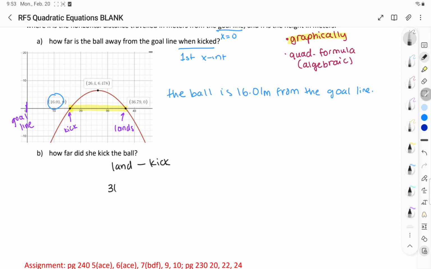If it lands after 36.79 meters, but it was kicked at 16.01 meters, the distance between those two things is how long the ball was in the air for, or how far the kick went. So when I do 36.79 minus 16.01, I get 20.78. The ball traveled 20.78 meters.